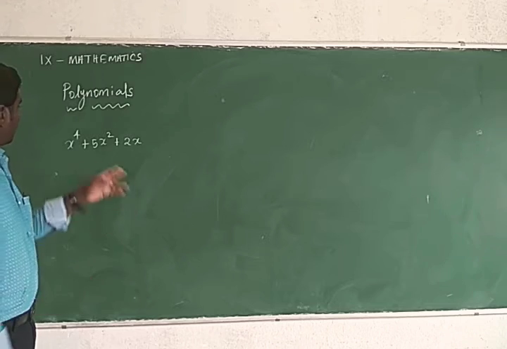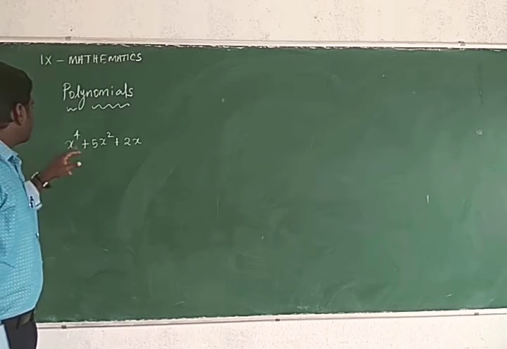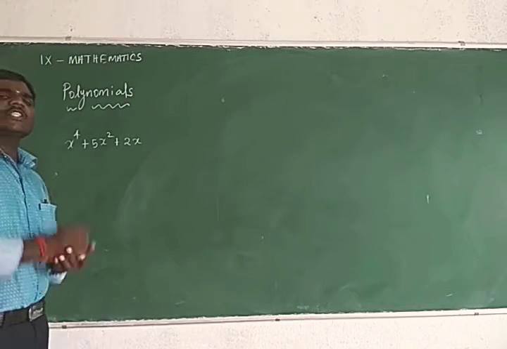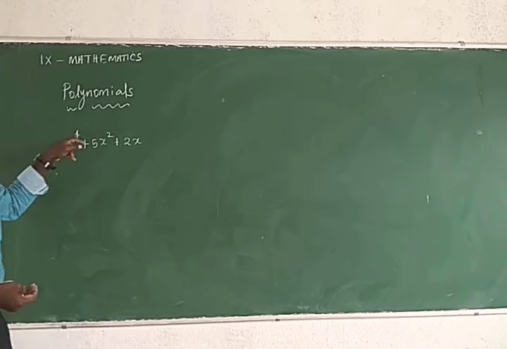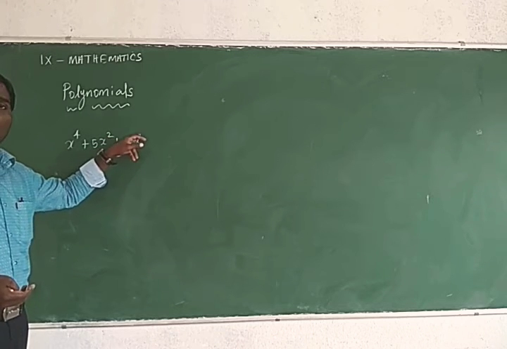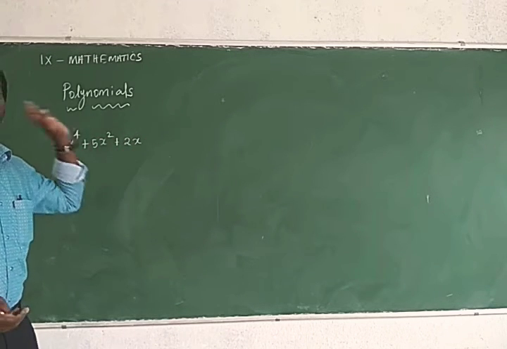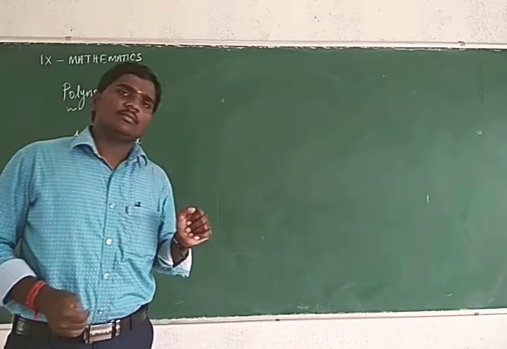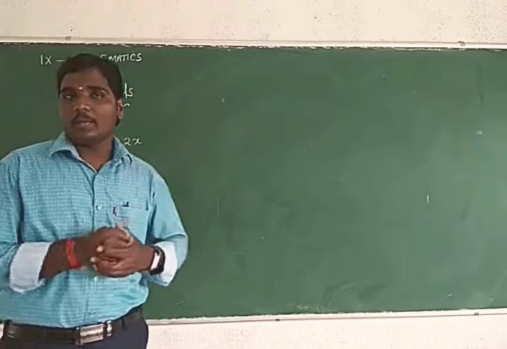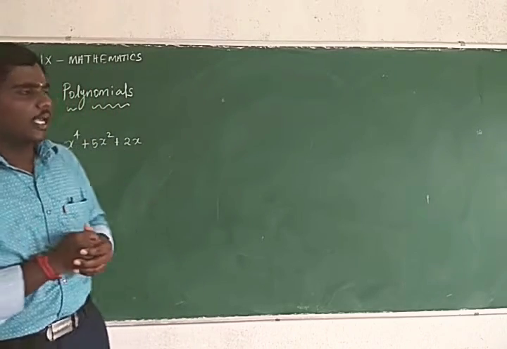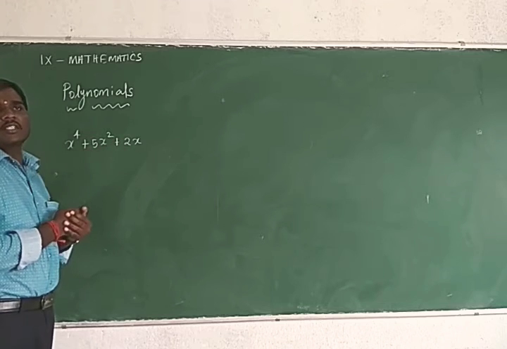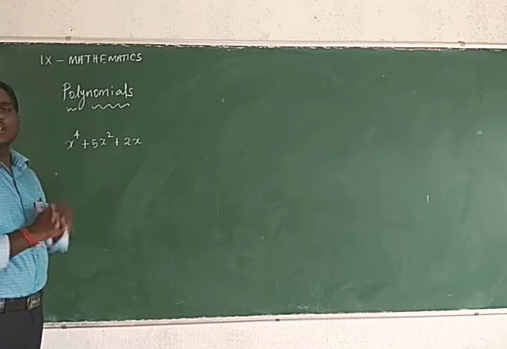First you check whether the variable is one or more than one. x, only one variable. Next, you check the exponent. What is the exponent here? 4, here 2, here 1. 4, 2, 1 are whole numbers. So it is a polynomial. Here how many terms are there? 1, 2, 3 terms are there.